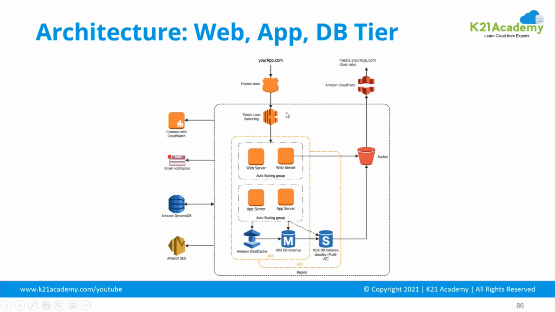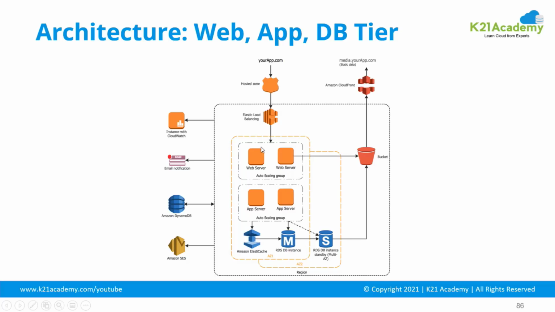On top of that, I've deployed a load balancer in front, and on top of the load balancer, I have Route 53, which is a DNS service. So my user sitting here will come through Route 53 DNS, which forwards the request to the load balancer.